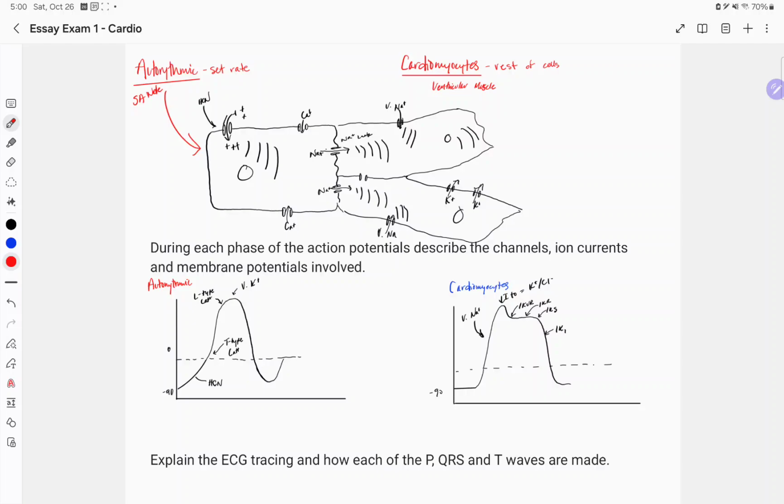I'm going to explain this in just a second, but we also have to keep in mind that we have L type and T type calcium channels that are also involved in cardiomyocytes, with muscle contraction with our calcium.